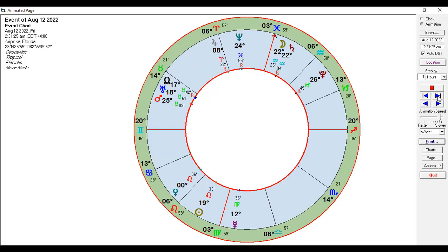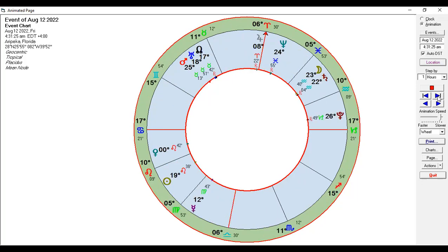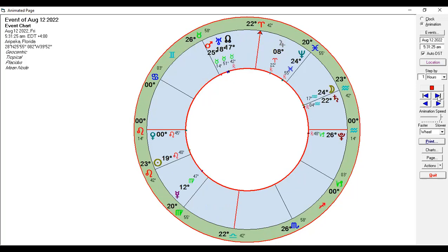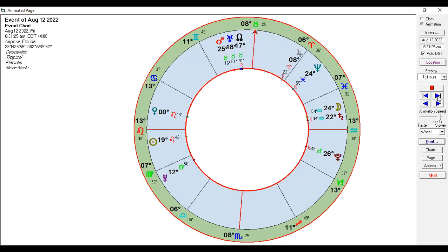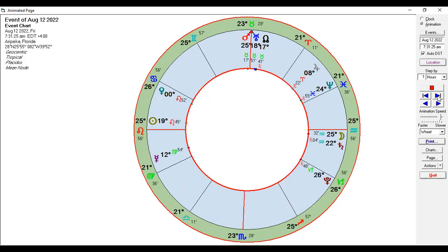So this is all in the course of the day, just starting into the next day, into August 12th. So the moon goes over there, and it's got to deal with Saturn. Oh no. And then it passes that, and then it makes that aspect to Mars. There it is. Moon 25.